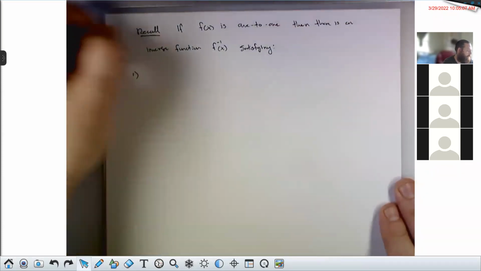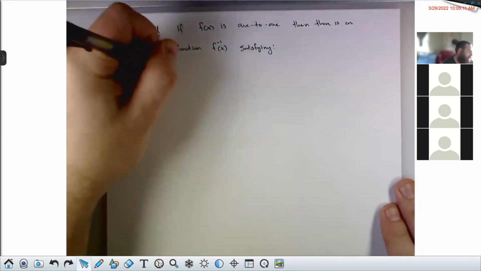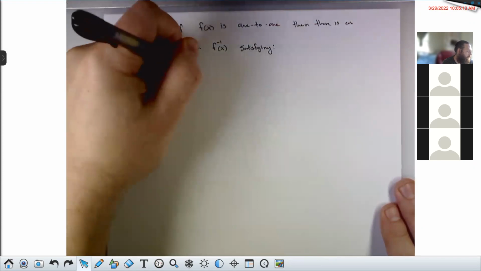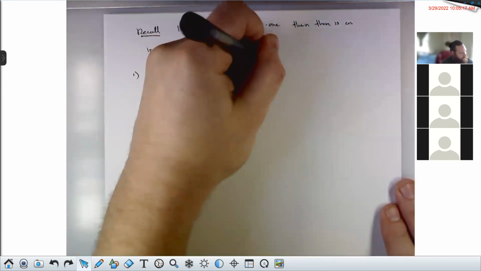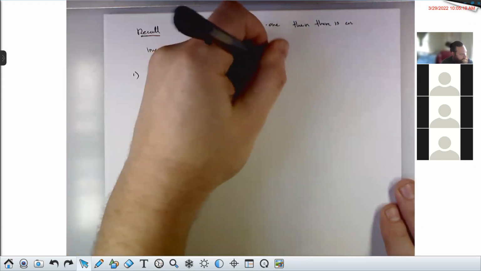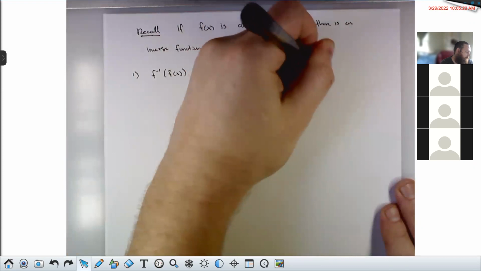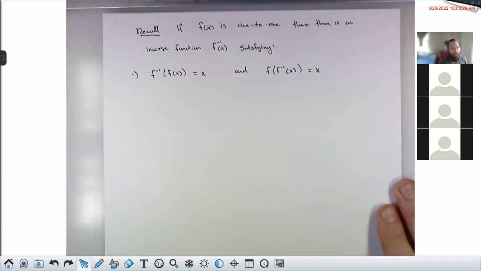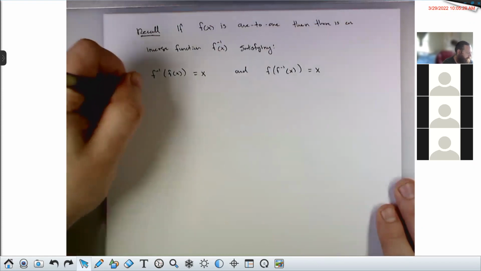First, the definition was that if you do f inverse after doing f to something, you should just get x back. And also, if you do f after doing f inverse to something, you should get that something x back. This was our definition of an inverse.